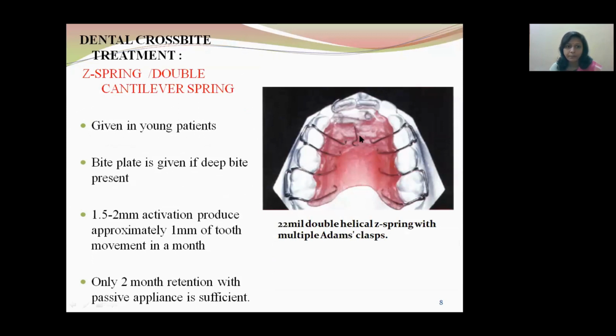If there is a deep bite, a bite plate can be given, and the posterior occlusal plane will help to disocclude the incisors so that they can be pushed forward from the lingual direction. 1.5 to 2 millimeter activation of this spring will produce 1 millimeter of tooth movement in a month. After correction of the crossbite, only 2 months retention with a passive appliance will be sufficient to maintain it in its normal position.